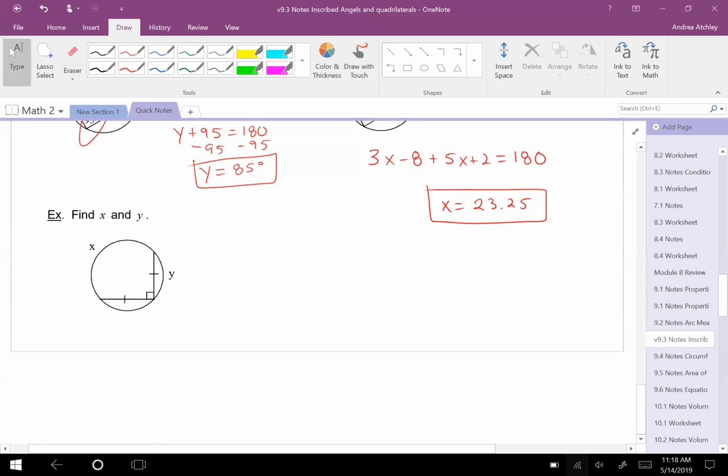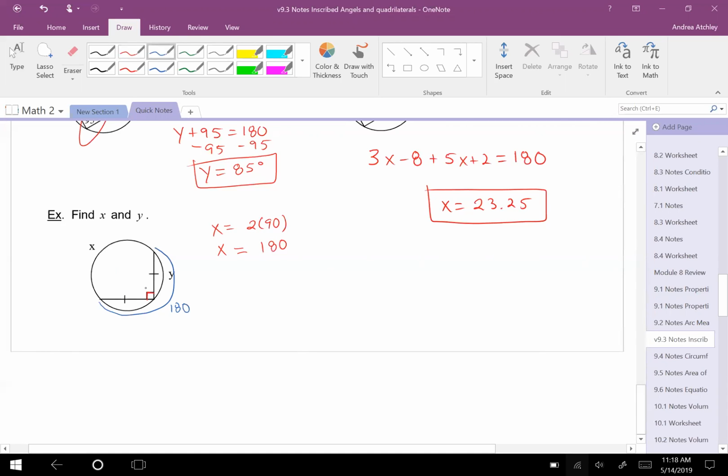Okay, find x and y. They gave you that this angle is 90 degrees. That means x is going to be 2 times 90 because it is the intercepted arc. So x equals 180. It also means that this whole side is 180.